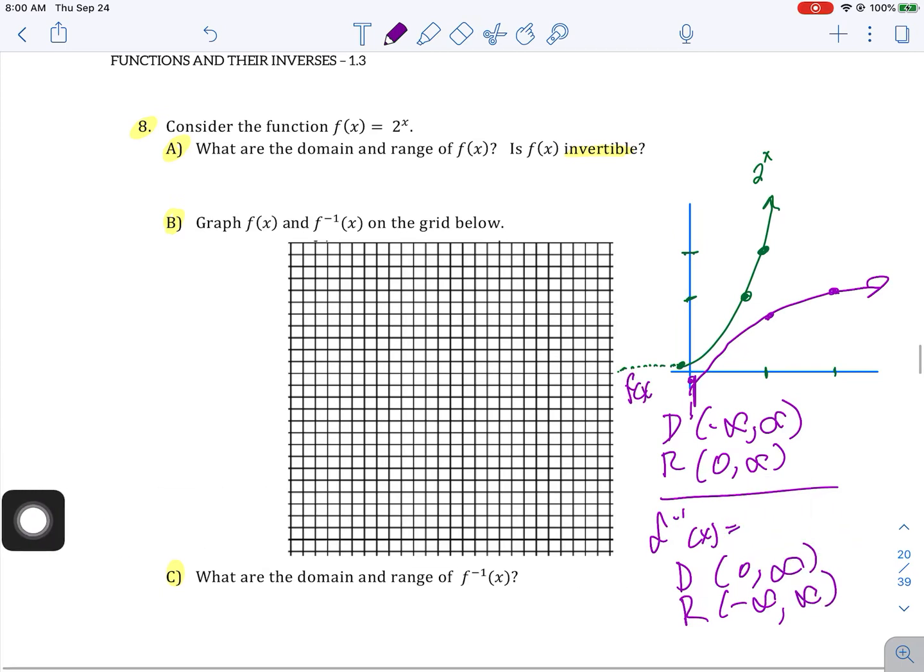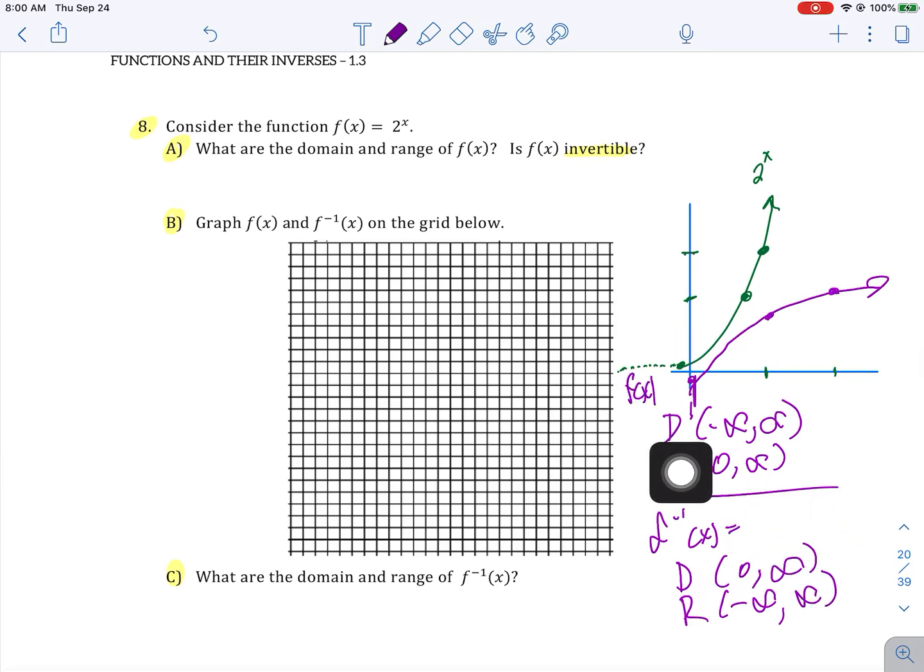That's a good observation: the function has a domain of negative infinity to infinity, and its inverse has a range from negative infinity to infinity. The function has a range from 0 to infinity, and so the inverse has a domain of 0 to infinity.